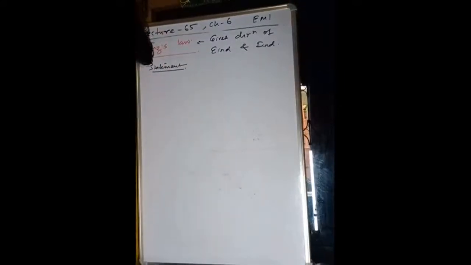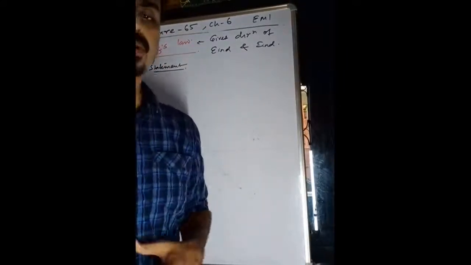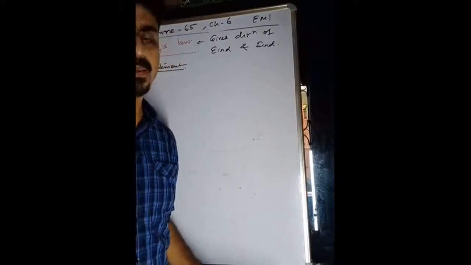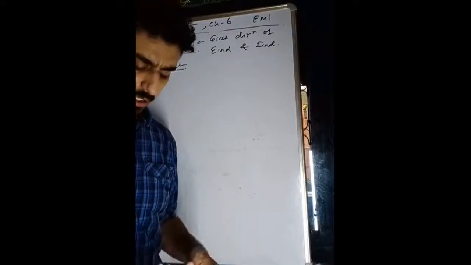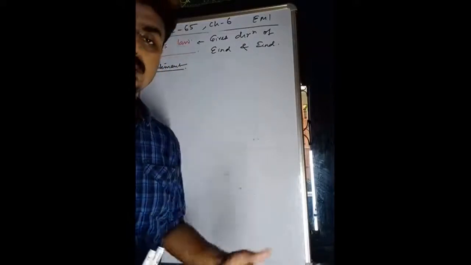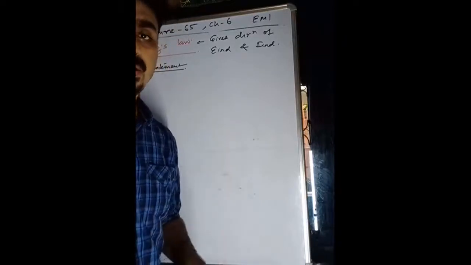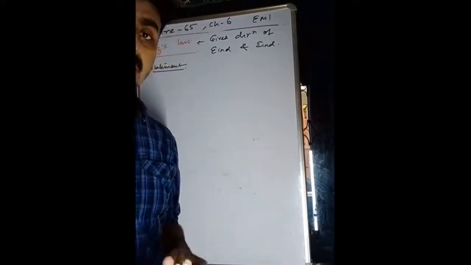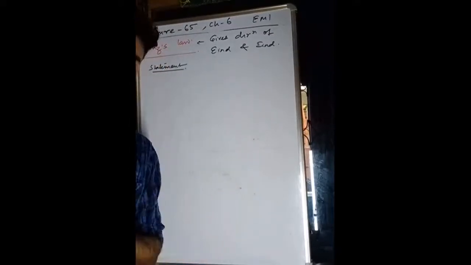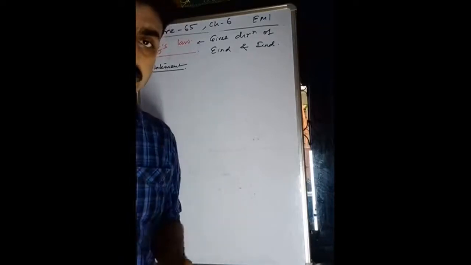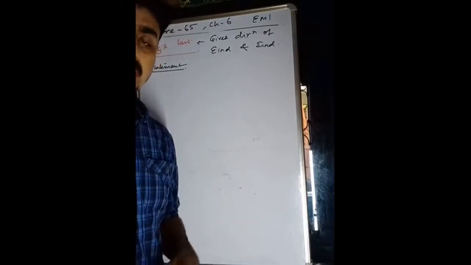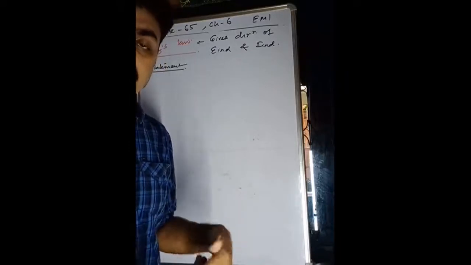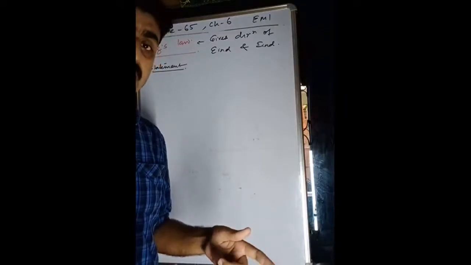The statement is: an EMF is induced in a coil due to change in magnetic flux linked with the coil in such a way that it opposes the cause that has induced that EMF.